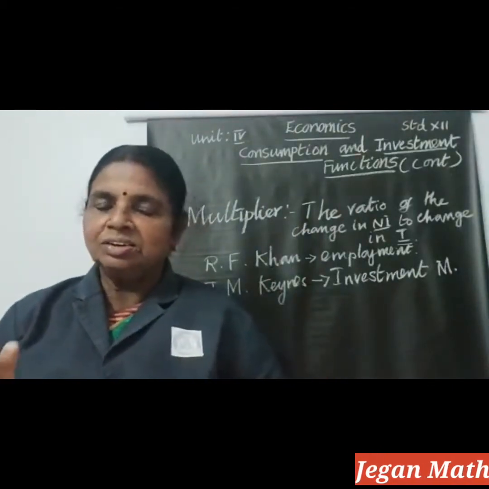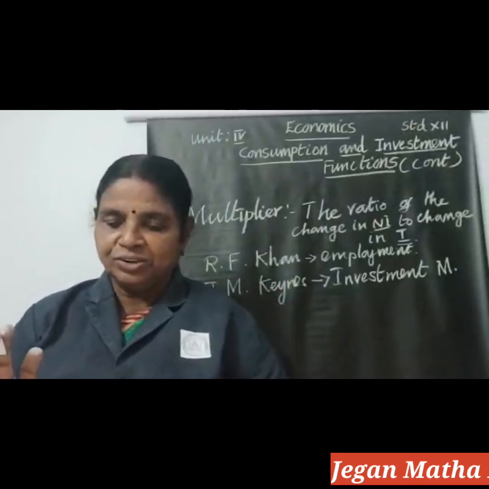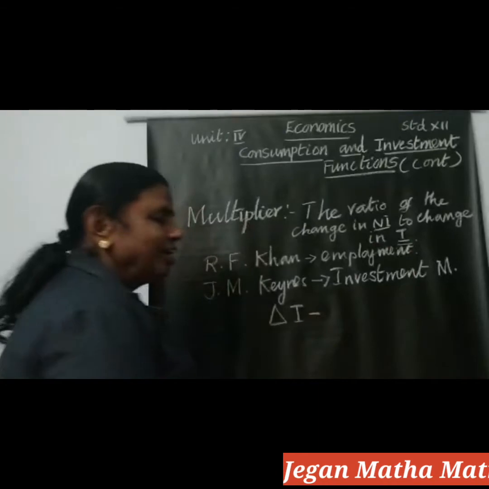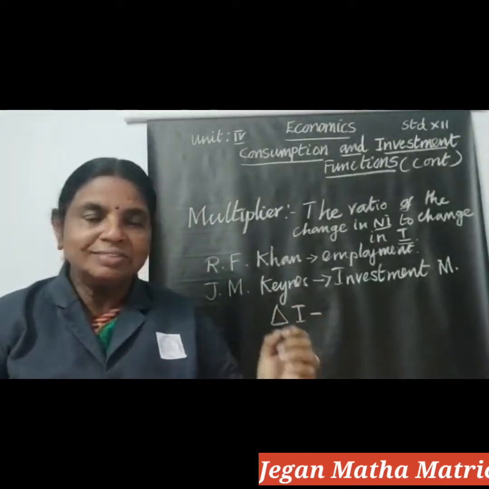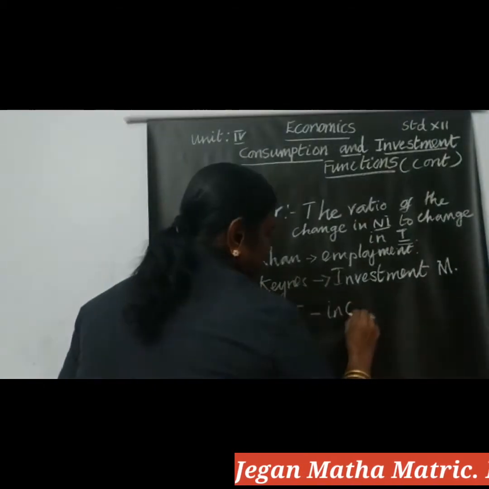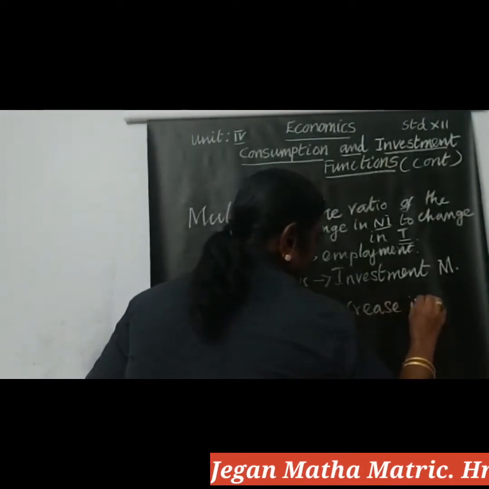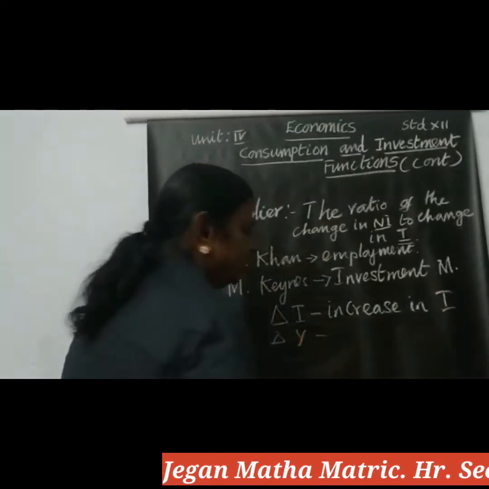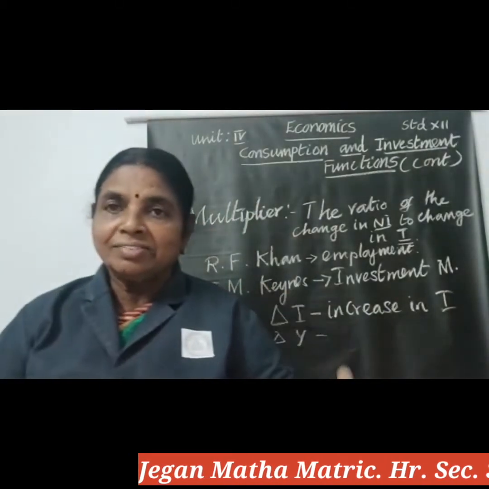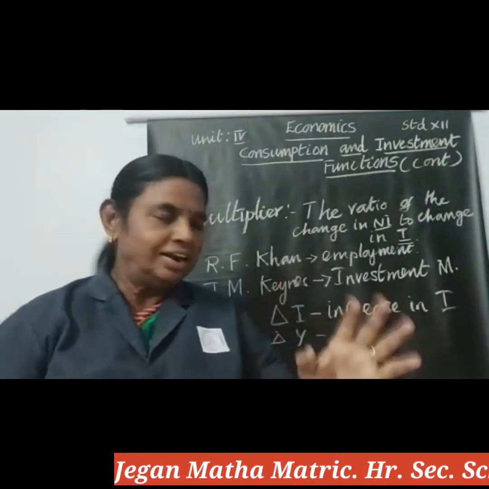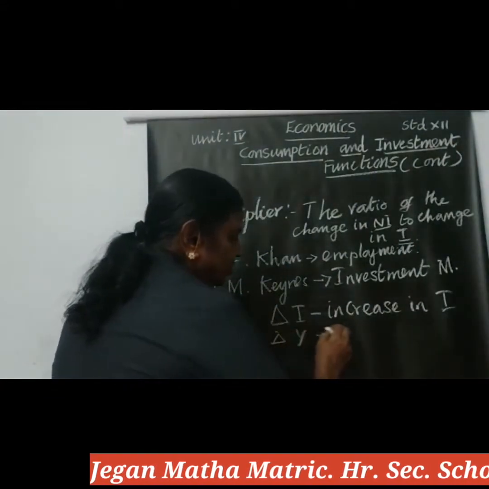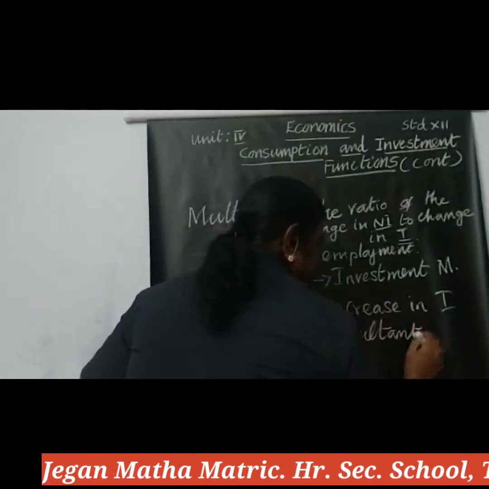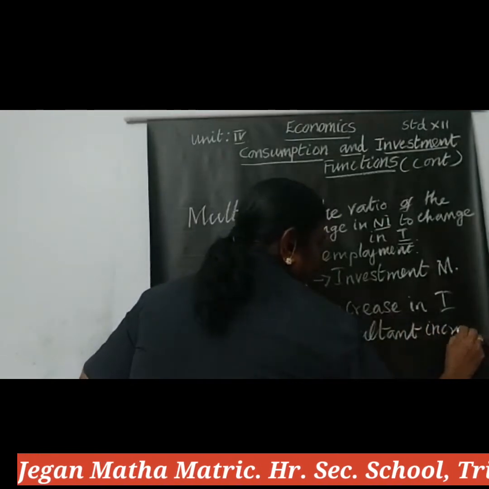So what is multiplier? It is the ratio of change in national income to change in investment. So change in investment, that is increase in investment, I, and change of national income, that is resultant increase in income.